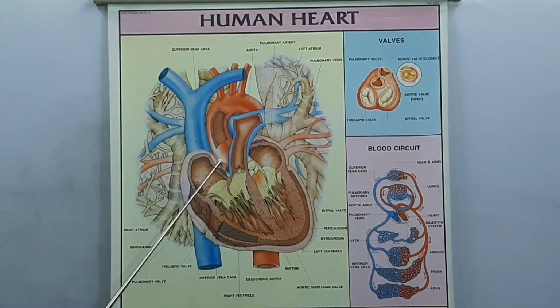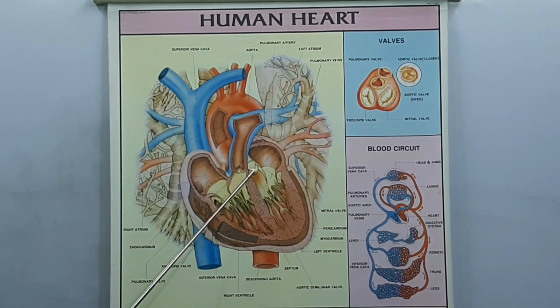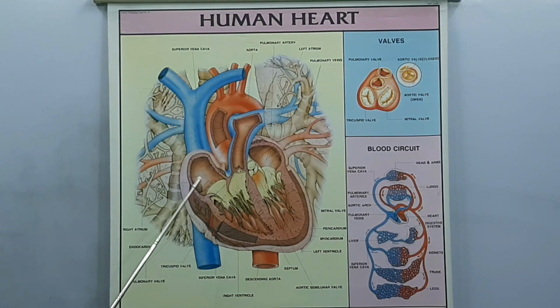This is the aorta, and at the opening of the aorta in the left ventricle it is located, and this valve is known as the aortic semilunar valve. So all these valves help in unidirectional flow of blood, and also they prevent backflow of blood.